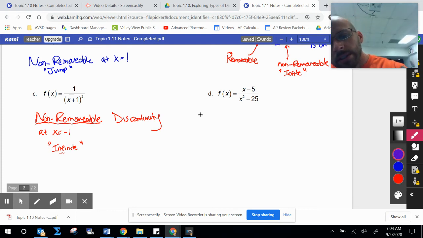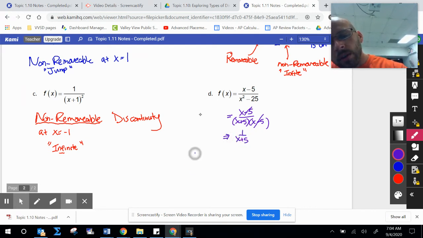if I reduce this, I have an x minus 5 over an x plus 5, x minus 5. The x minus 5s cancel. So then I have a 1 over x plus 5.